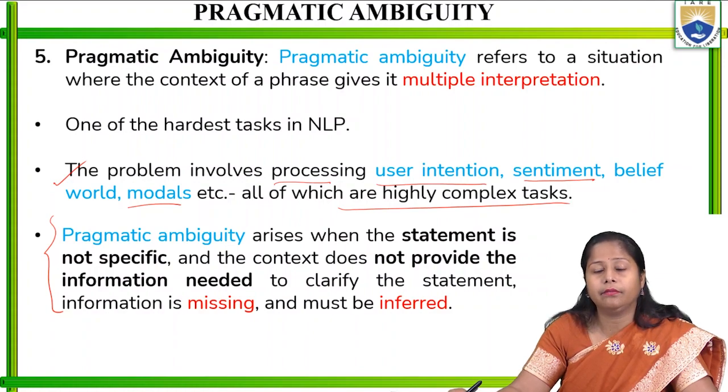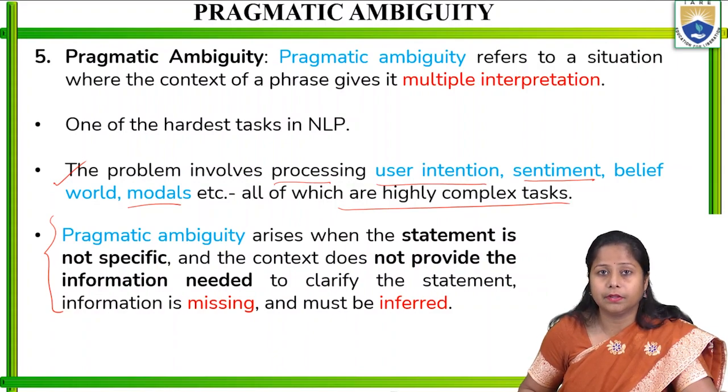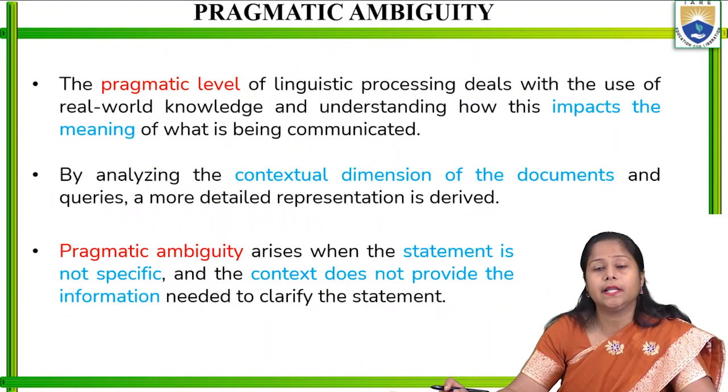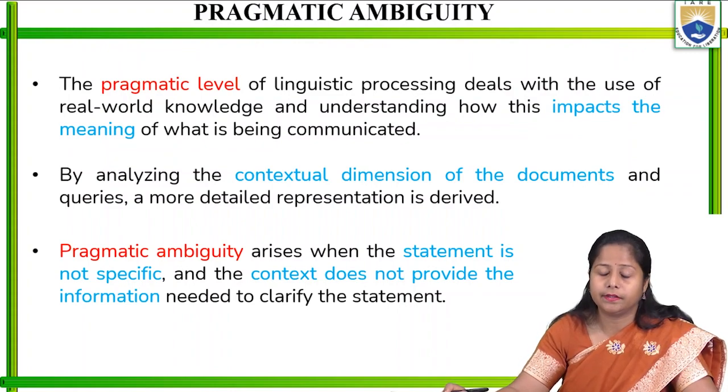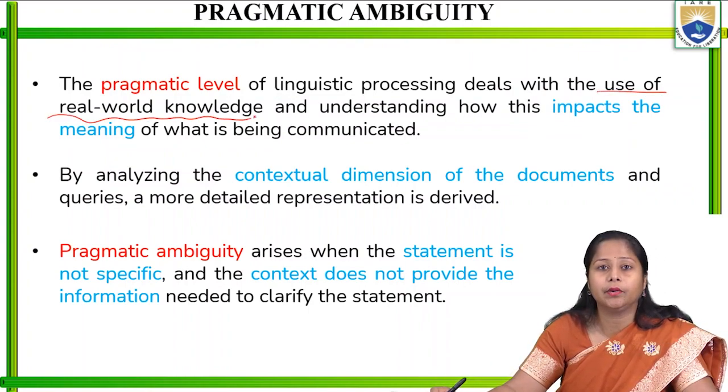Particularly when we cannot sense what the particular phrase means in the context, that information will be insufficient and will not clarify the sentence. If something is missing, then we can say that a pragmatic type of ambiguity is there. Basically this pragmatic level of linguistic processing deals with real world knowledge. So when we are taking up pragmatic ambiguity, we have to go through all types of tasks with that.